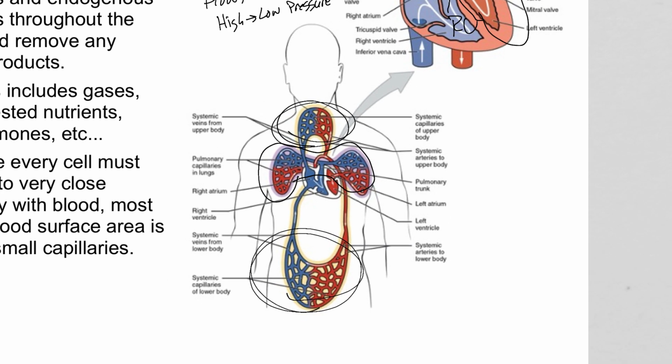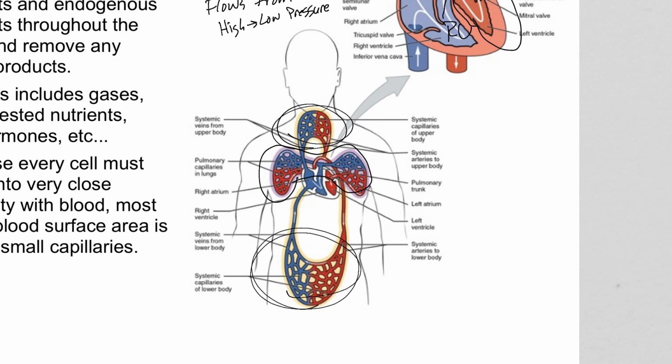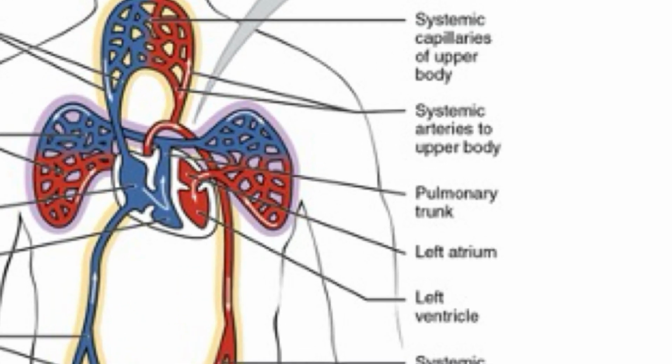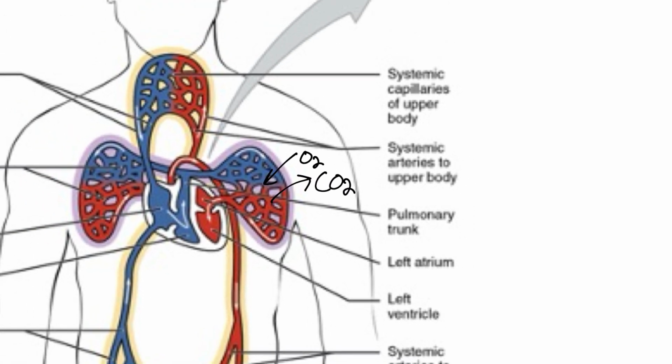And so the question is, why do we have to do it that way? The simple answer at first seems to be, well, we've got different goals here, right? In the lungs, we're adding oxygen to the blood and we're removing CO2. In the systemic circuit, we're doing the opposite. We're releasing oxygen out for these tissues to use, and those tissues are producing CO2 and putting it back into the blood.